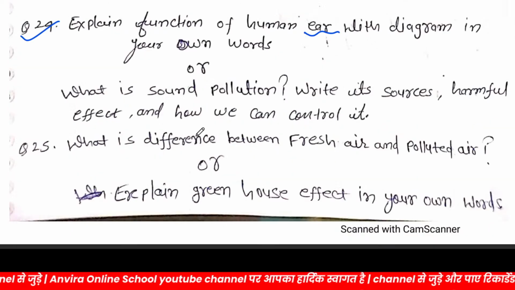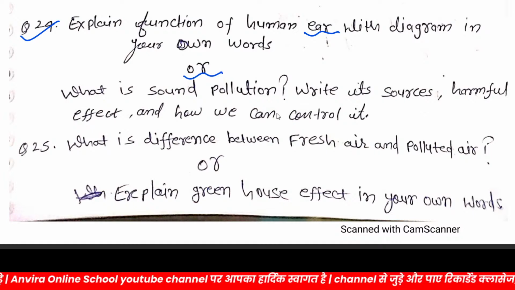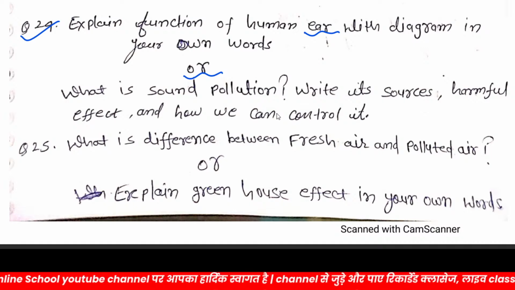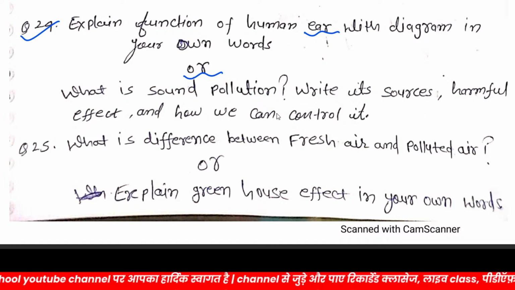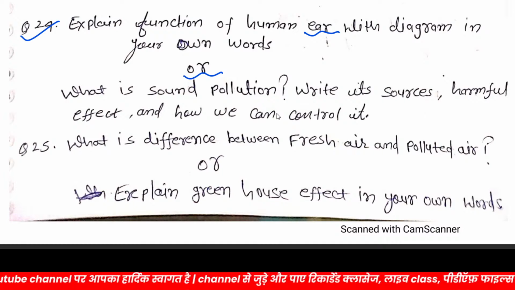Okay. So here we have one more question with the option. What is noise pollution? Write its sources, harmful effects, and how we can control it. The presence of excessive or unwanted sound in the atmosphere is called noise pollution.